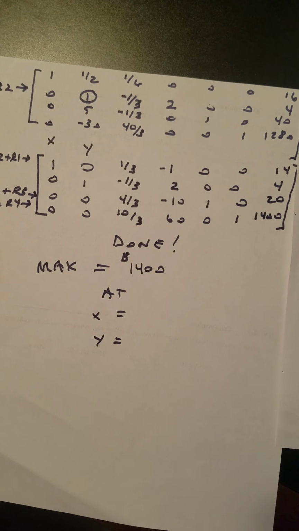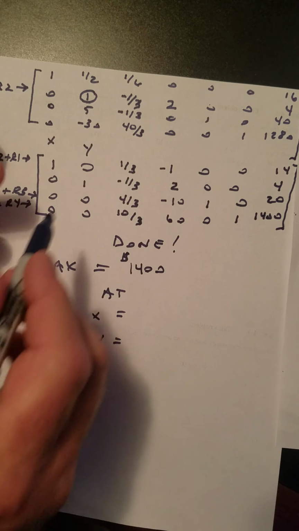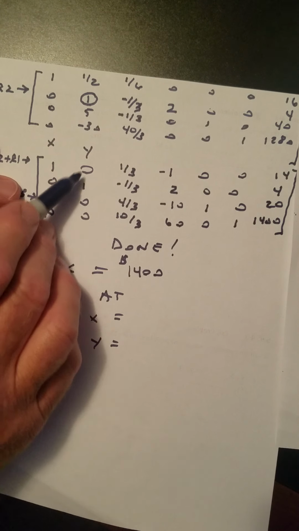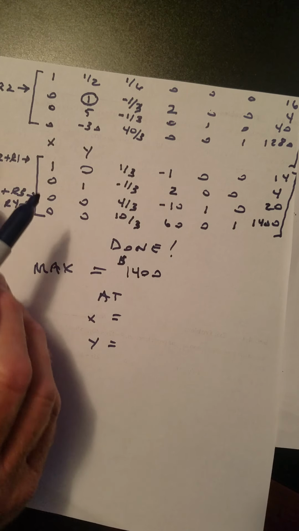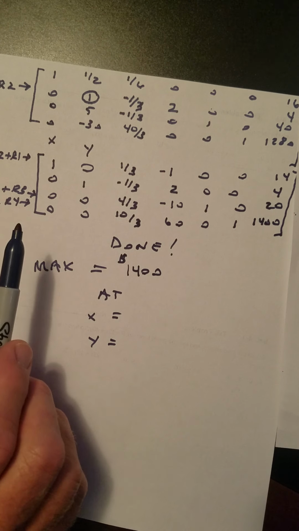A unit column has exactly 1, 1, and everything else zeros. The Y column is also a unit column. I've got 1, 1, and everything else is zeros. If it's not a unit column, I'll come back to this later, then that variable is automatically 0. Okay, that's not the case on this one.